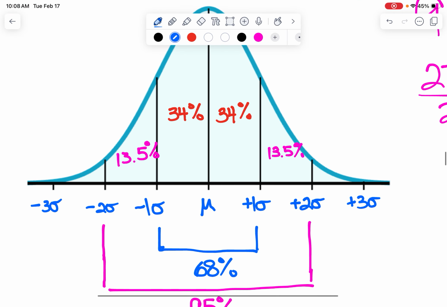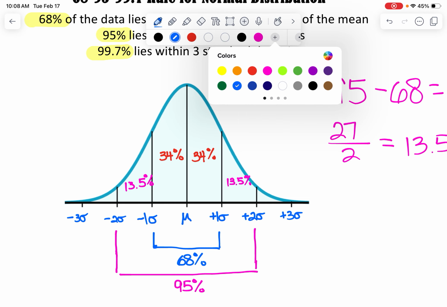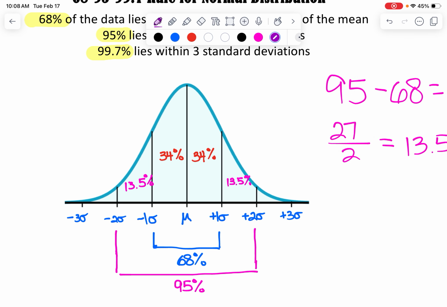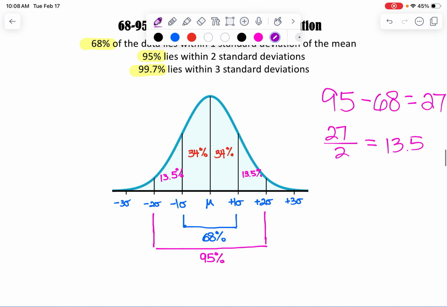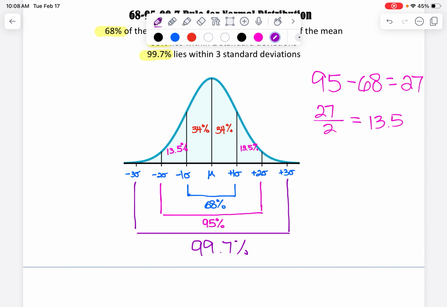All right, so let's maybe do purple for this one. From here to here, that distance right there should encapsulate 99.7% of the data within 3 standard deviations.